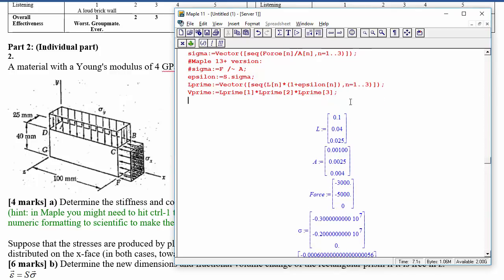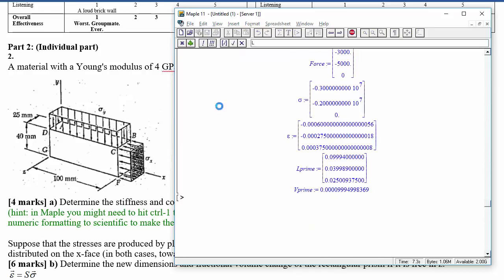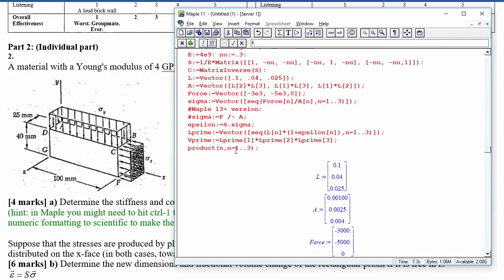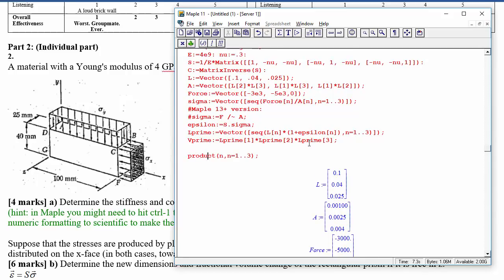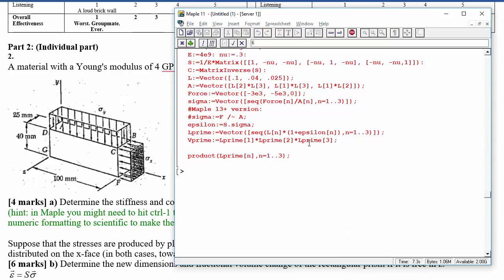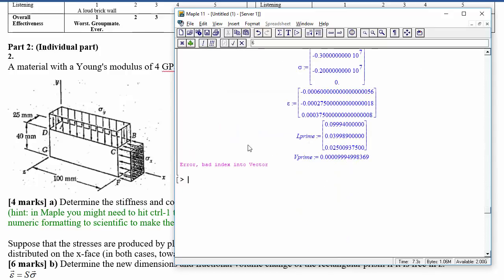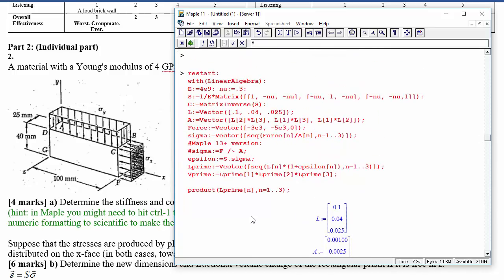Okay, I've gone and reviewed what was going wrong there. So product does work just like sum, where you give it an element and then it's going to figure out what the value of that is over the list index. The problem is, for whatever reason, it can't take elements of vectors as the things that it's summing, but it can take elements of lists. So what we need to do is convert L prime to a list.